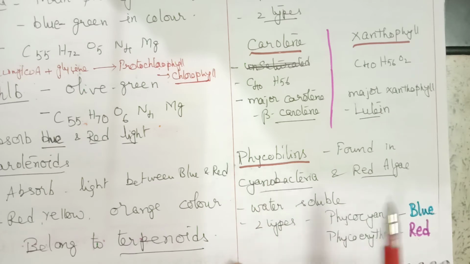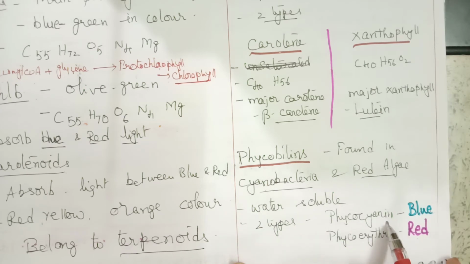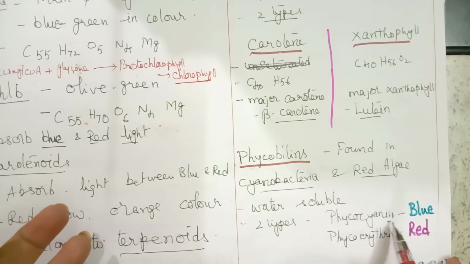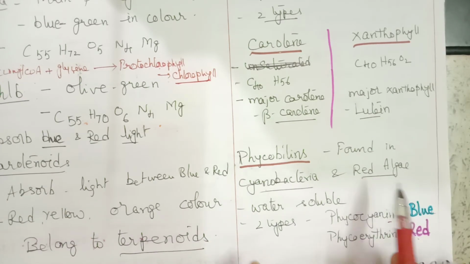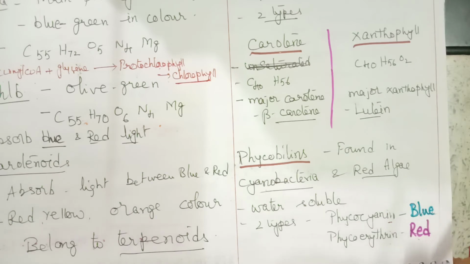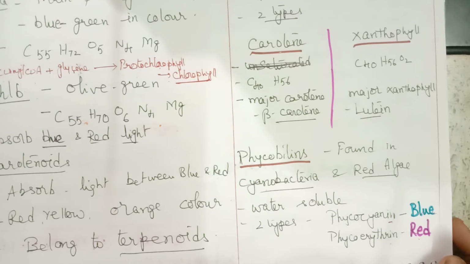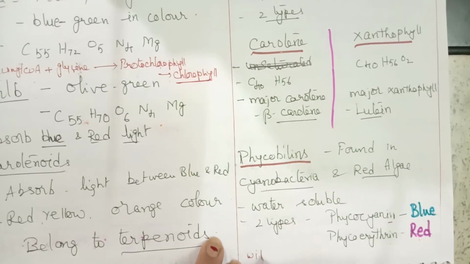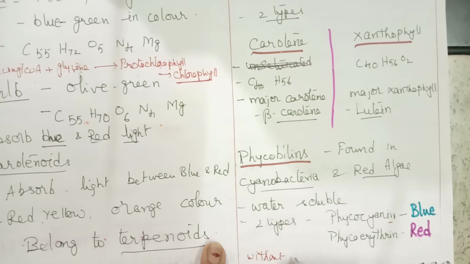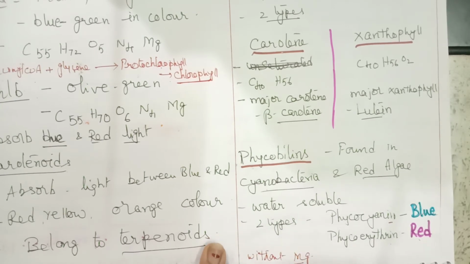In blue-green algae, the amount of phycocyanin will be more because they are more blue in color, and less amount of phycoerythrin. Whereas in red algae, it is the reverse. In red algae, the phycoerythrin is more, whereas phycocyanin will be less. Another feature of phycobilins is they show a structure similar to chlorophyll, but they are without magnesium.